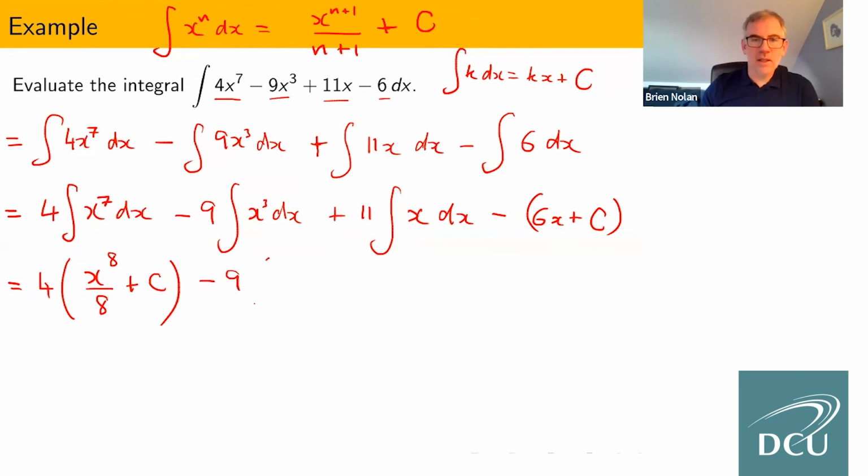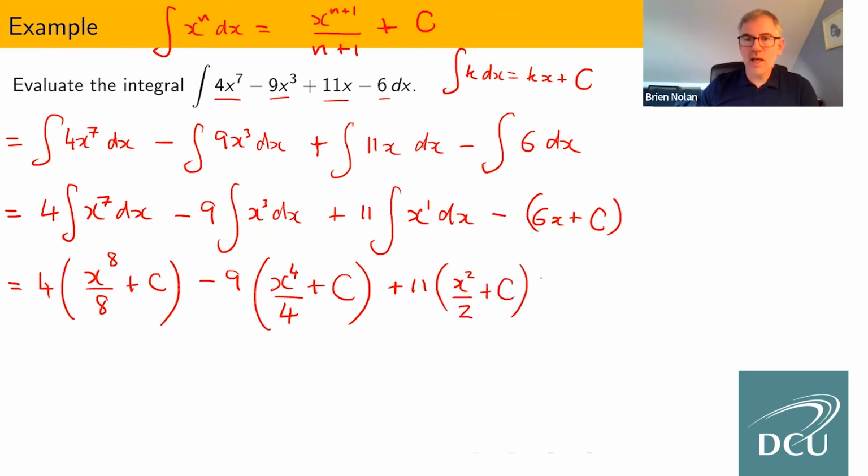Minus 9 times the integral of x to the power of 3. I increase the power by 1 to get 4, and then divide by the new power, plus our constant of integration. Plus 11 times the integral of x. x is, of course, x to the power of 1. So that will be x to the power of 2 divided by 2 plus our constant of integration, minus 6x plus c.